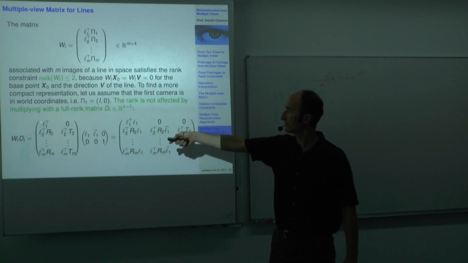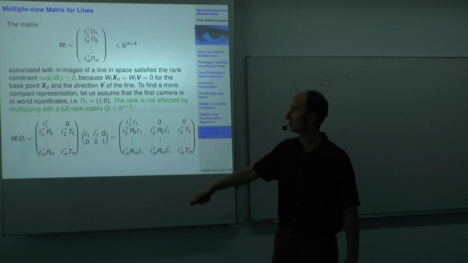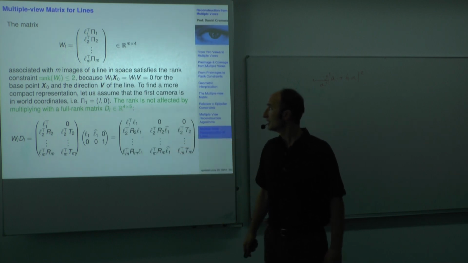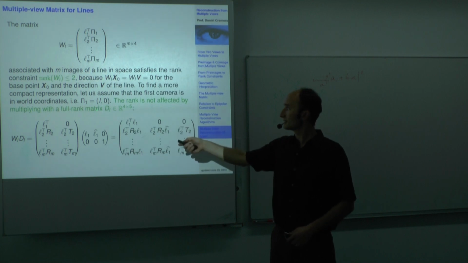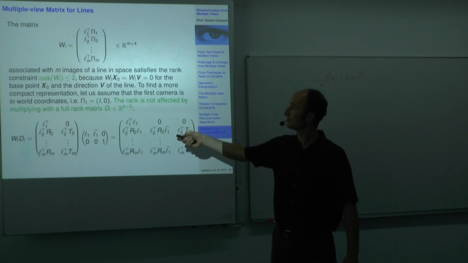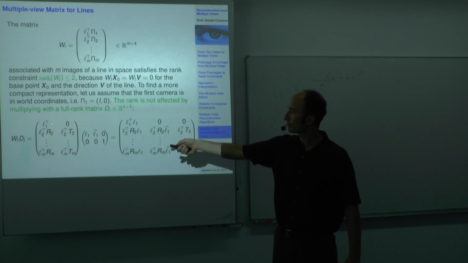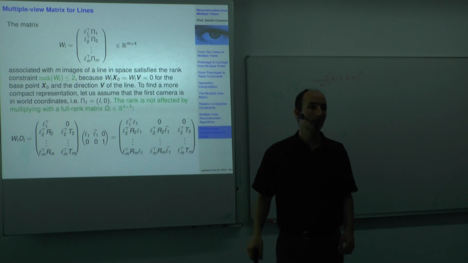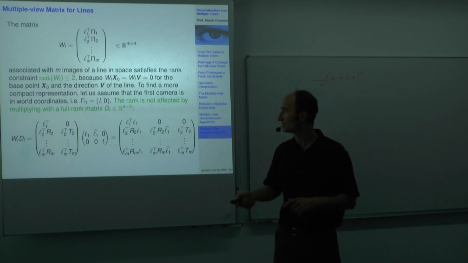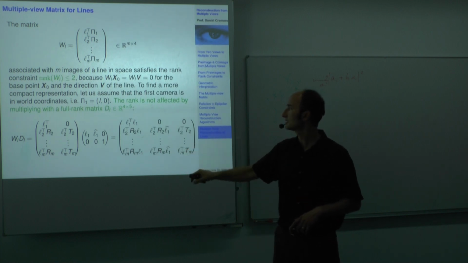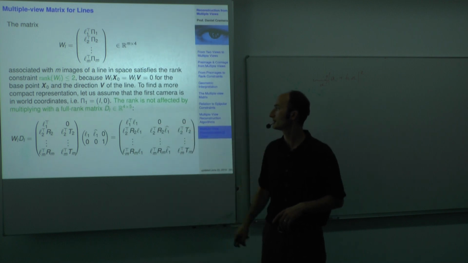So here we have L1 transpose 0, and here we have the other camera transformations. And once we are in this representation, in the coordinate frame of the first camera, we have a 0 here, and now we know this matrix WL is at most rank 2, and what we do is we multiply it with an appropriate matrix such that these two entries become 0.